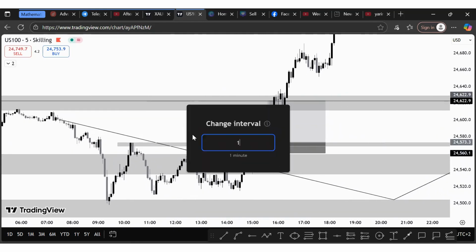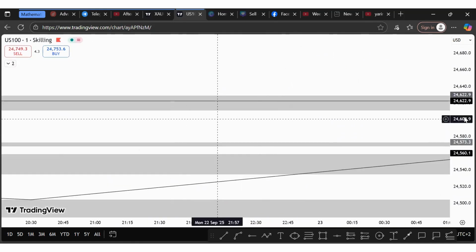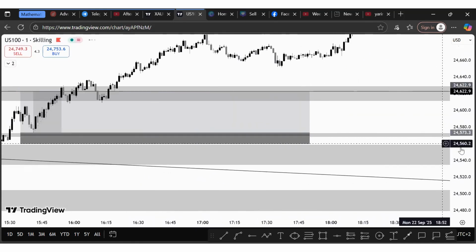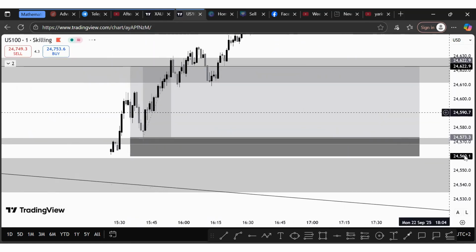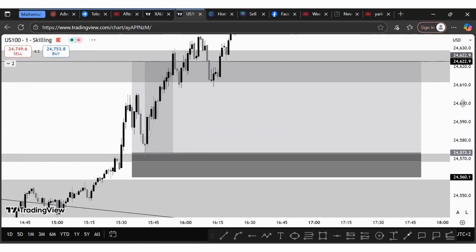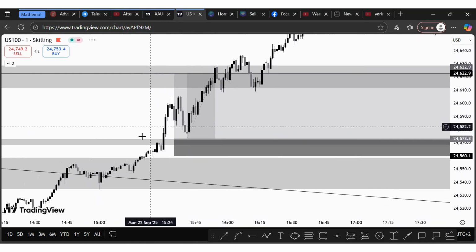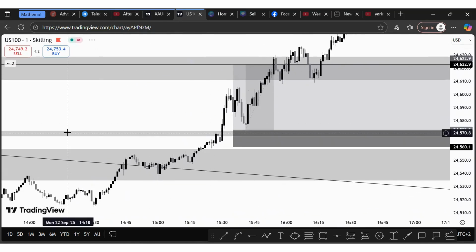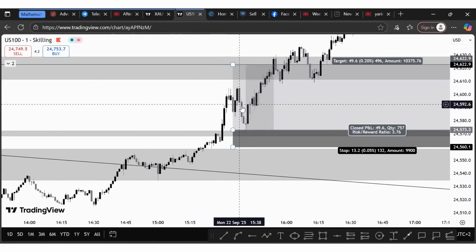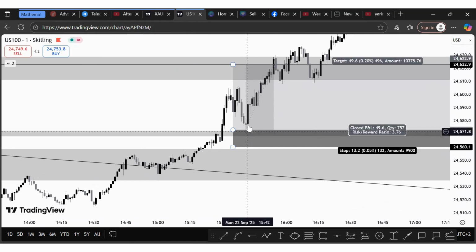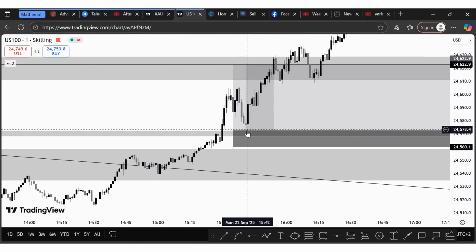And then the 1 minute actually gave us a nice clean entry. We needed that retest above that level, and then we hit that higher high and higher low on 1 minute. The market broke above, and when it started to correct and bounce off this level, our stop loss was just below.